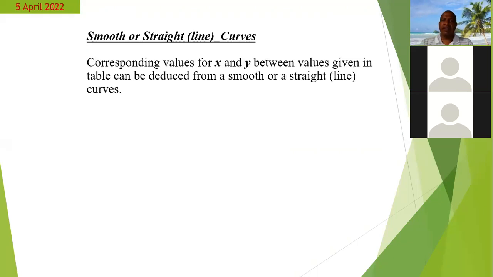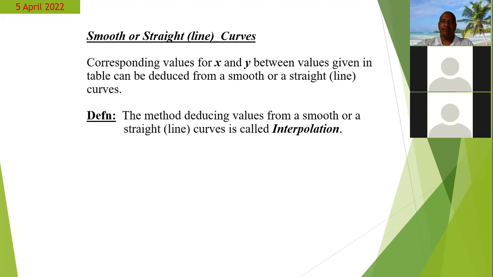Now, corresponding values for X and Y between values given in the table can be deduced from a smooth curve or a straight line. Let me read that again for you guys. Corresponding values for X and Y between values given in the table can be deduced from a smooth curve or a straight line.